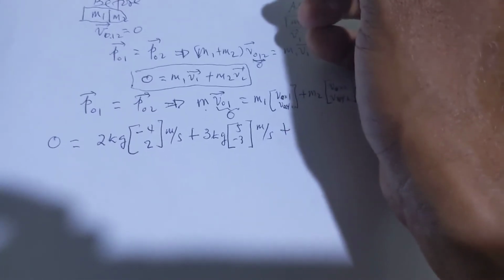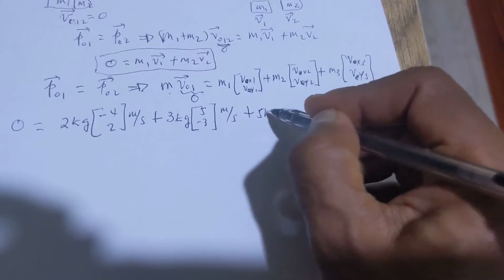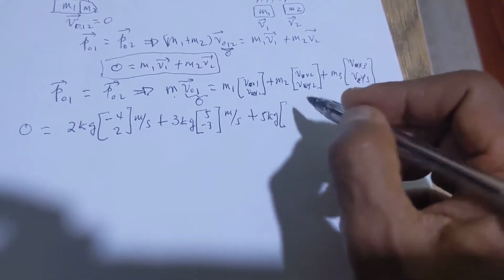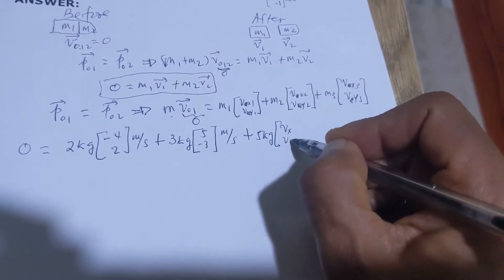The total mass is 10 kilograms. So 2 plus 3 is 5, and 10 minus 5 is 5 kilograms. This mass is left as the third piece, with Vx and Vy.